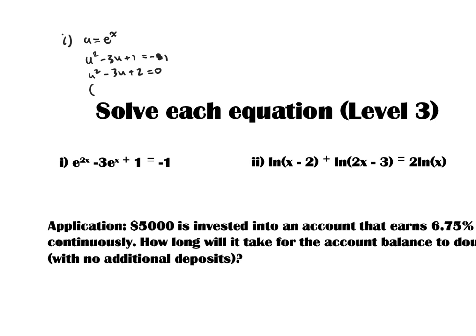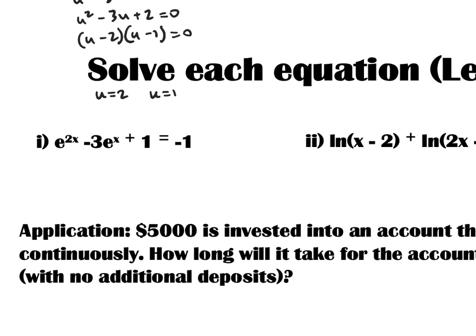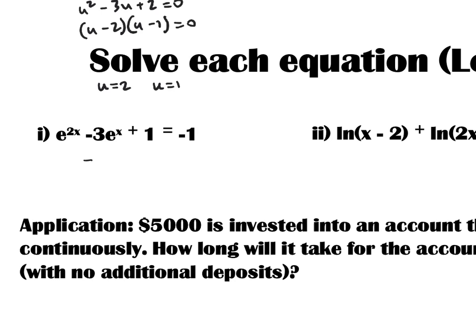So I'm going to factor u squared minus 3u plus 2, which would be u minus 2 and u minus 1. So to solve that equation, u has to equal 2 and u has to equal 1. Now, since I let u equal e to the x, when e to the x equals 2 and e to the x equals 1, those values for x should solve this equation.